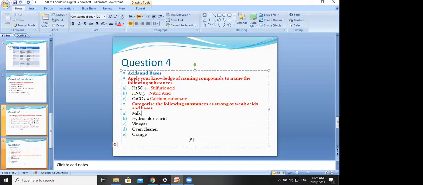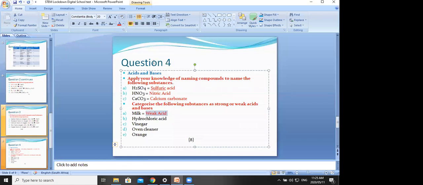It's a weak acid, because its pH is 6. The pH of milk is 6, so it's a weak acid. Are you clear? Yes, sir.